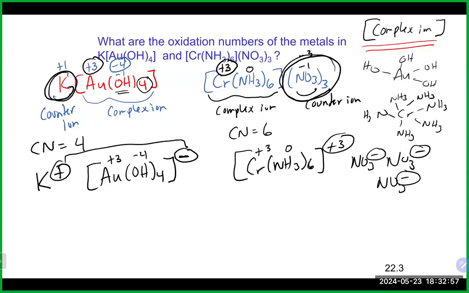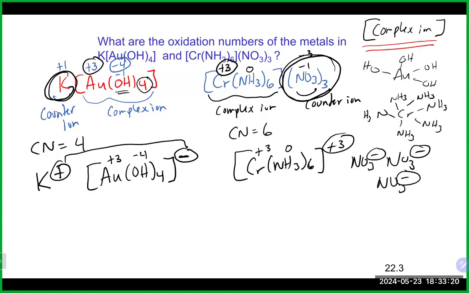In this case, my complex ion is positive. In the first case there, it is negative. That's actually really important to understand as well, because we're going to talk about here shortly how to name these things. And depending on whether your complex ion is positive or negative, you do name it slightly different depending on that situation as well. Any questions on how to figure that out?